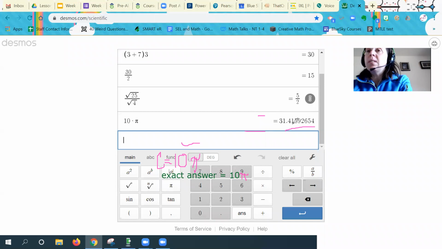So that means I want to see 2 places after the decimal. This 1 is in the last spot, so I look to the number next to it, and because that is a 5, it's going to bump that 1 up to a 2. So I would round it to 31.42.